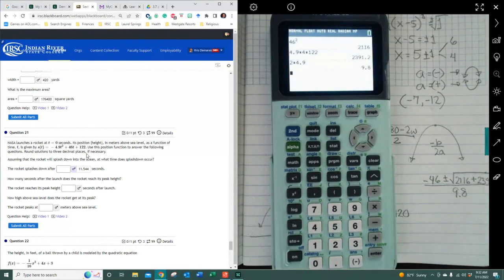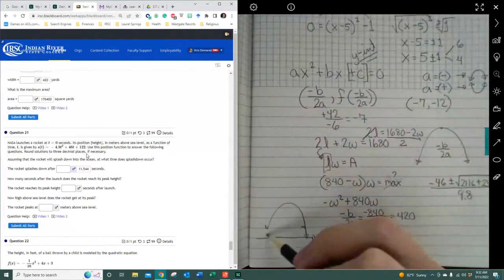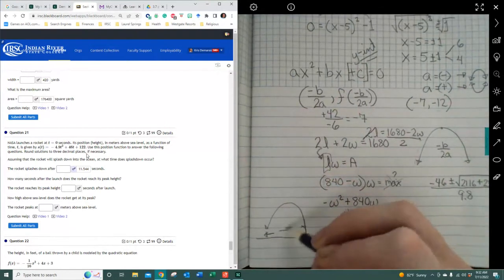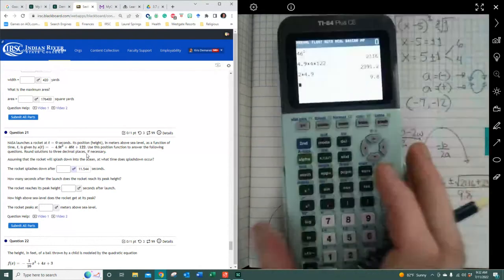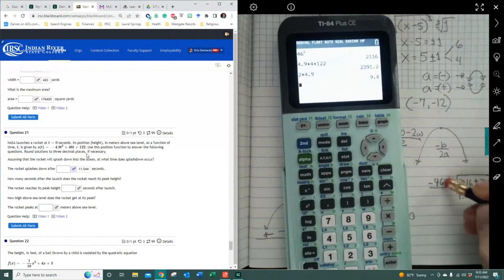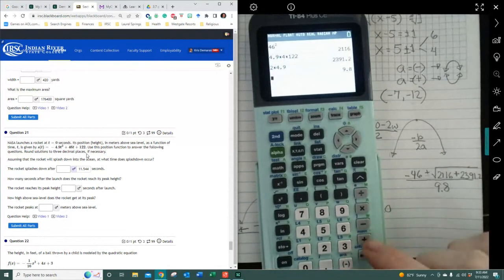We don't care about the negative side because that's going to give us the other side of the equation, and who cares? All we care about is this side, right? So with this equation, all I'm going to do is consider the positive value. That's all I'm going to consider. So now I'm going to put it in my calculator.